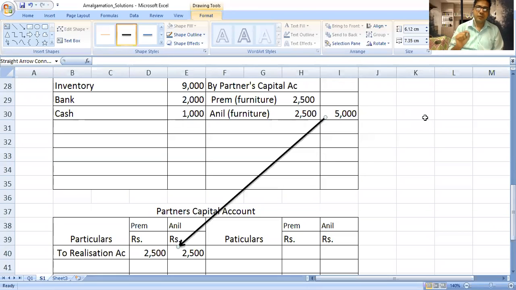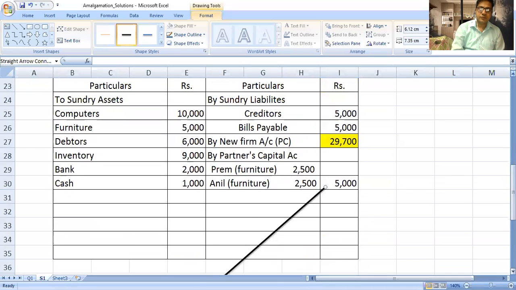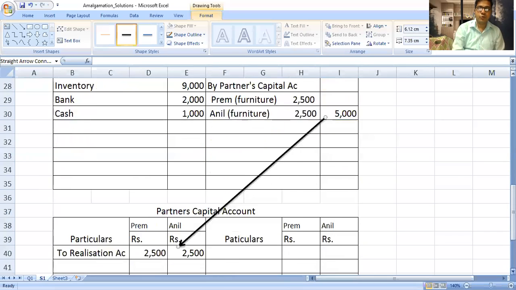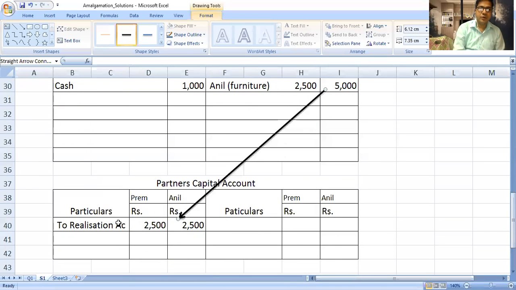Therefore on the realization account credit side we record it, and the second effect is on the partners capital account debit side to realization: Prem's column 2,500 and Anil's column 2,500. I hope you understood these effects.